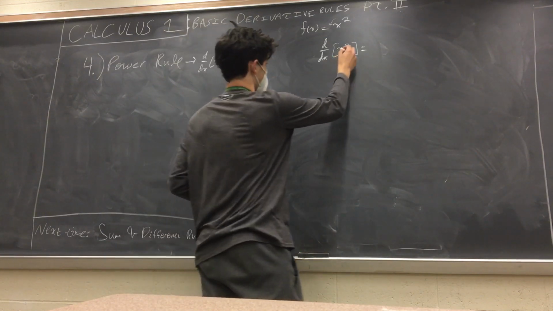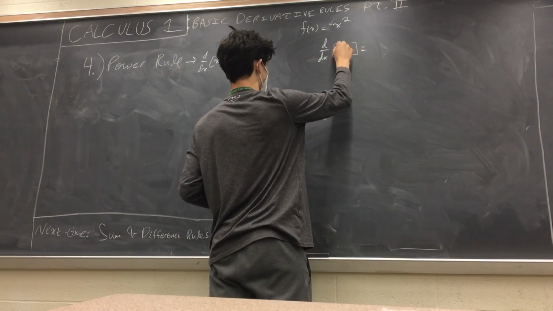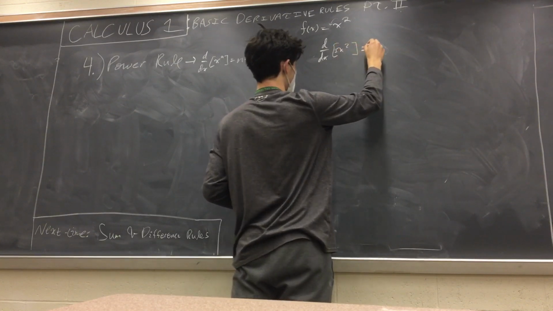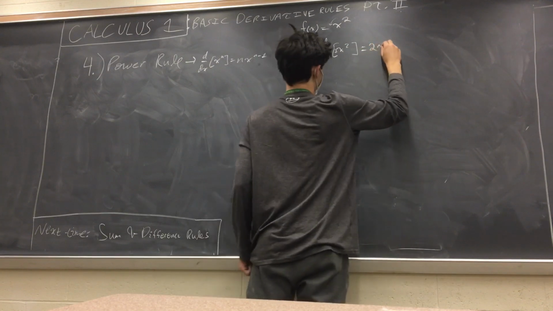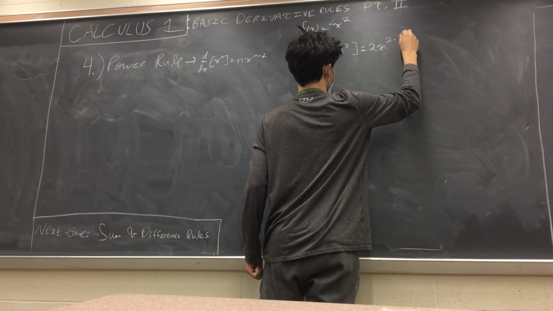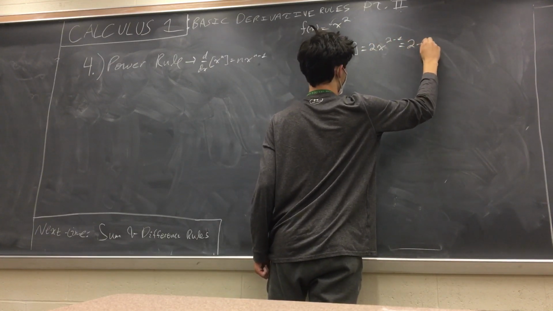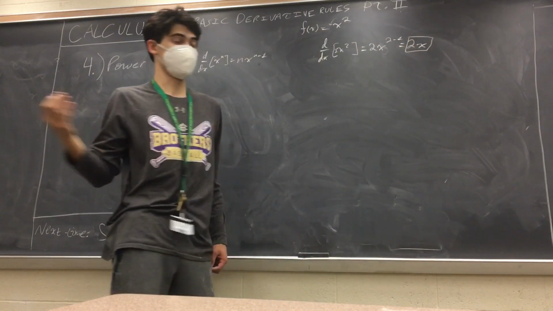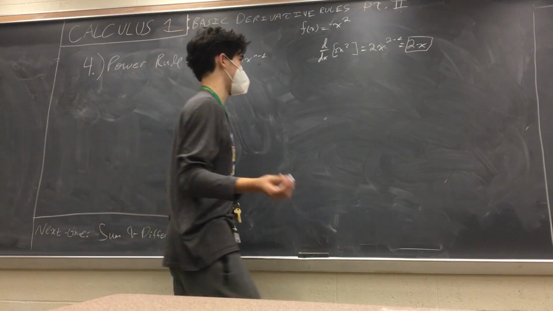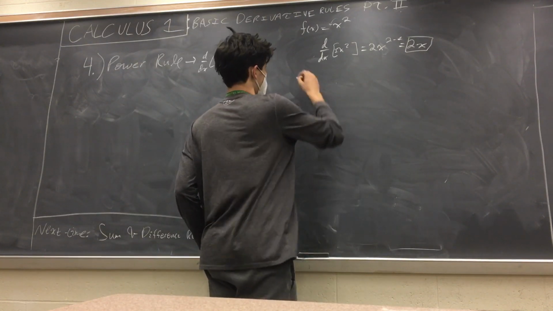So here we multiply the coefficient, which in this case is 1, by the exponent. We get 2 times x to the 2 minus 1, which is equal to 2x, which is consistent with our result from the limit definition of the derivative.